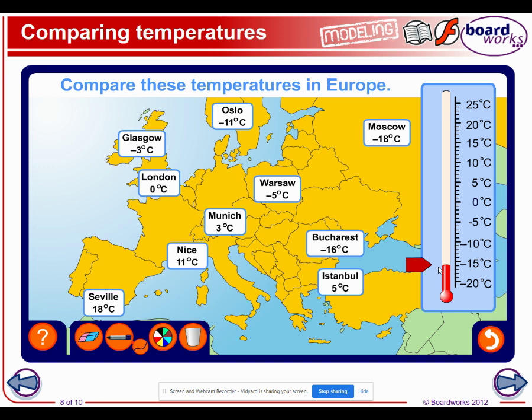And then we have -11, should be there. Then we have -5 and -3 and 0 and so on. Okay, so that just helps you get a visual of what the negative numbers look like on a thermometer.